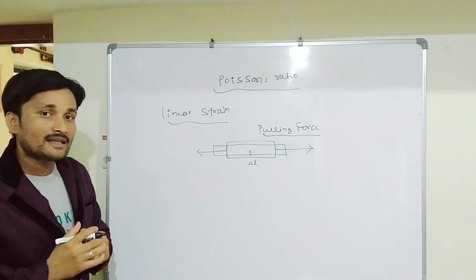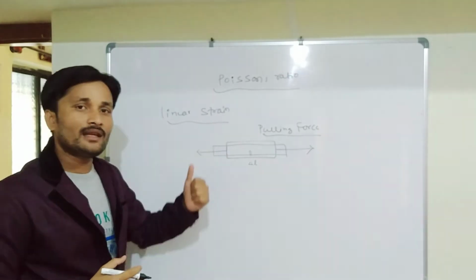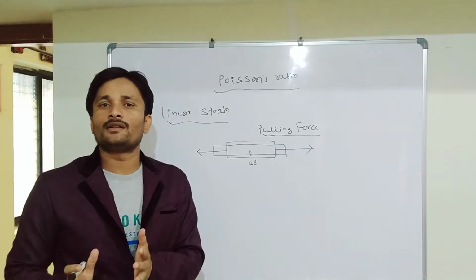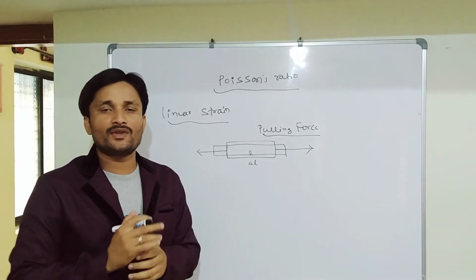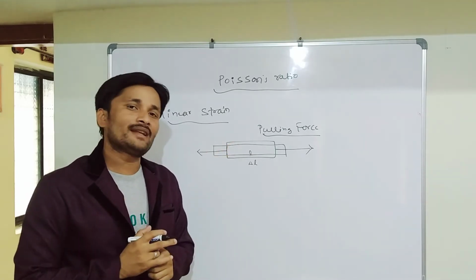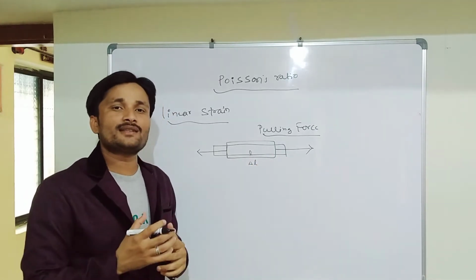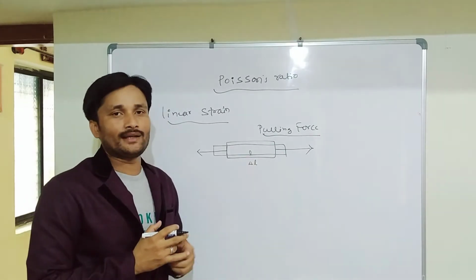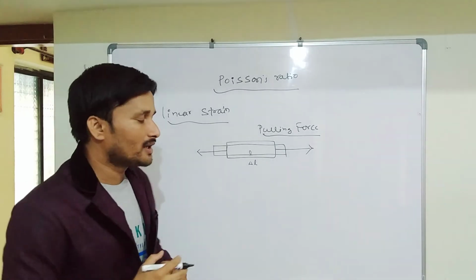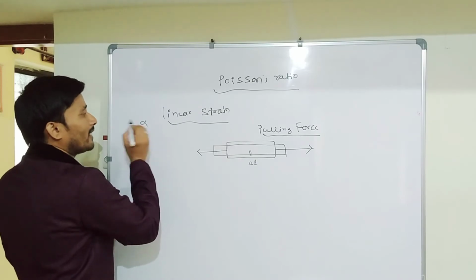So as we know, strain is nothing but the change in dimension compared to the original length. Clear? As we know, the formula for the strain is change in length divided by its original length. So here what happened, the length of this body is going to increase from L by delta L. This phenomenon is called linear strain. Okay, now I will write the equation for linear strain. You can denote it with alpha.